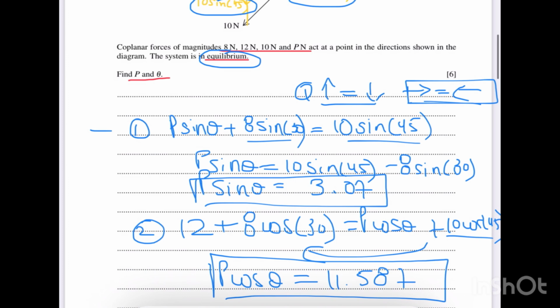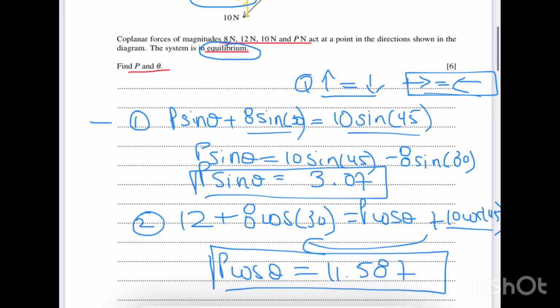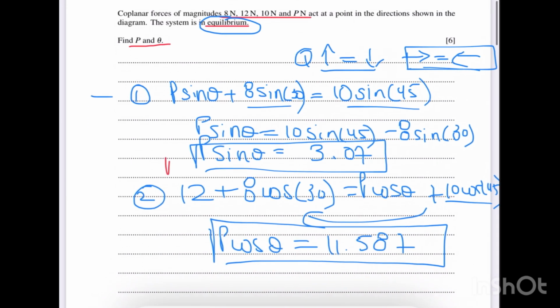Now we need to find the value of P and theta. If you look at these two simplifications, we have P as the like term, and we can also use another trigonometric identity, which is that sin theta divided by cos theta is equal to tan theta. So let's write P sin theta divided by P cos theta.